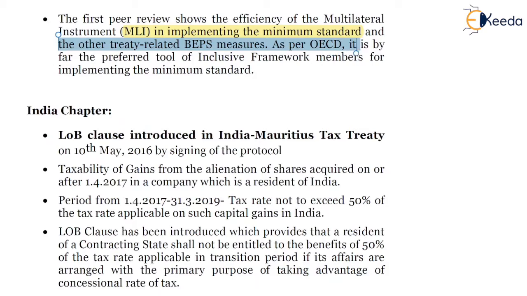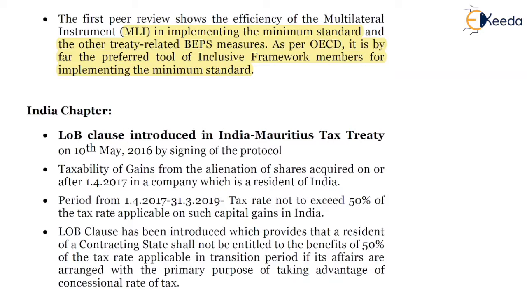As per OECD, it is by far the preferred tool of the member countries for implementing the minimum standard. So some positive notes on MLI and positive notes on implementation of the commitment by the member countries have been stated in the last two bullet points.